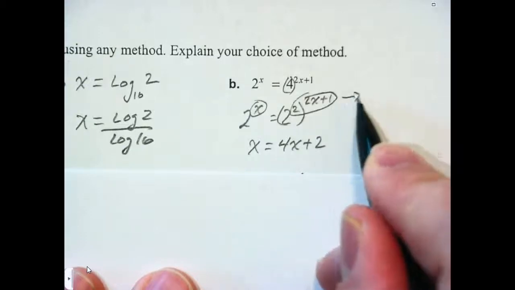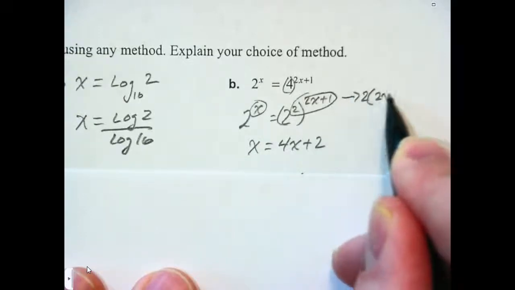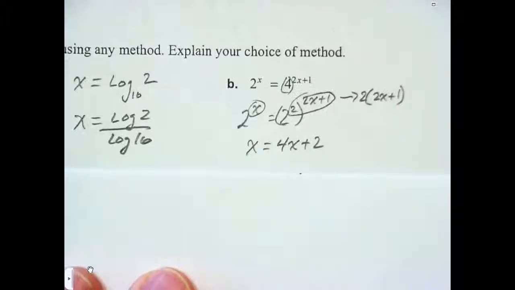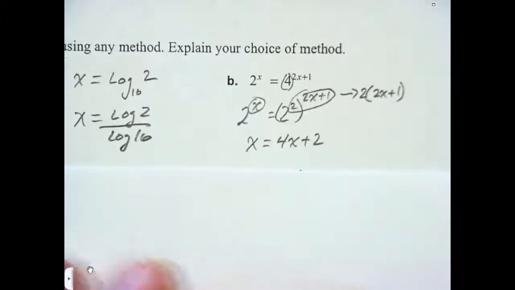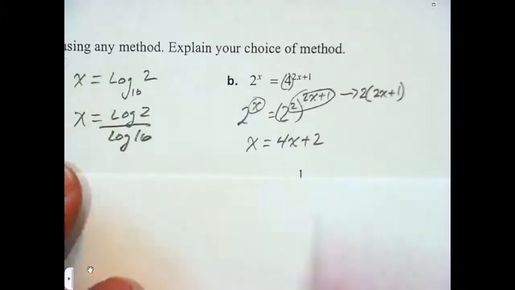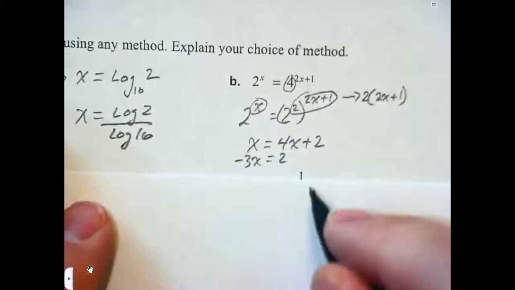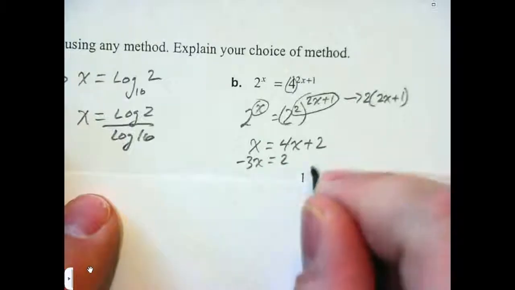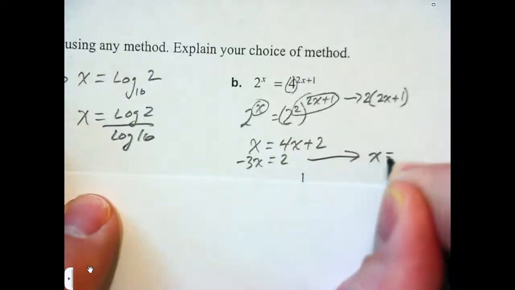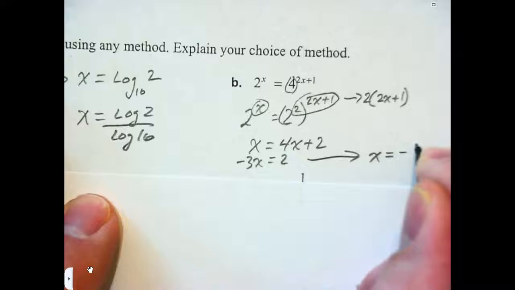Okay, so make sure you note this is 2 times 2x plus 1. Negative 3x equals 2. So x equals negative 3/2. Or negative 2/3, excuse me.